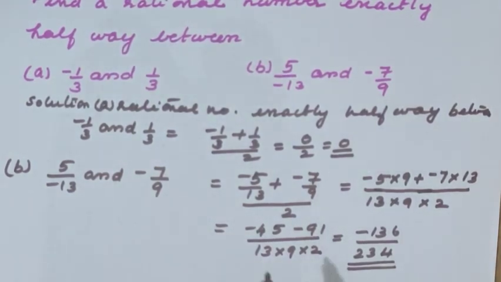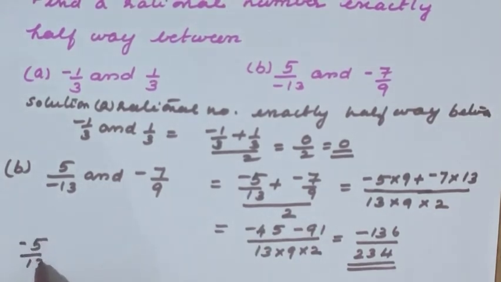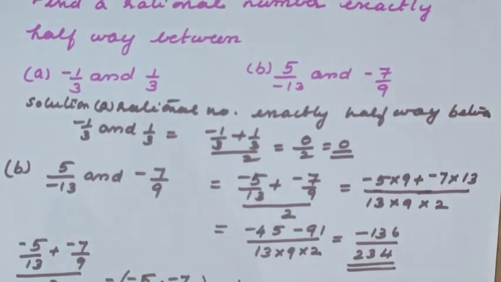One more time I'll explain what the steps are. Minus 5 by 13 plus minus 7 by 9 whole divided by, halfway means 2 by 1, right? So minus 5 by 13 plus minus 7 by 9, this 2 by 1 can be written as into 1 by 2. What is the LCM now here? 13 into 9.